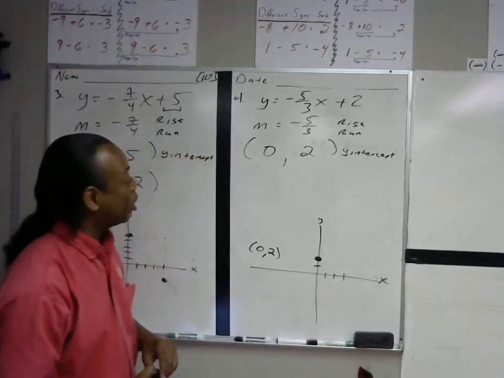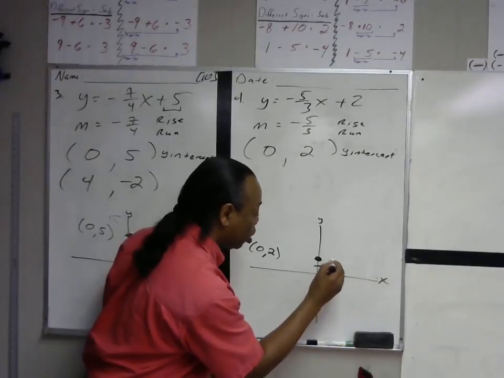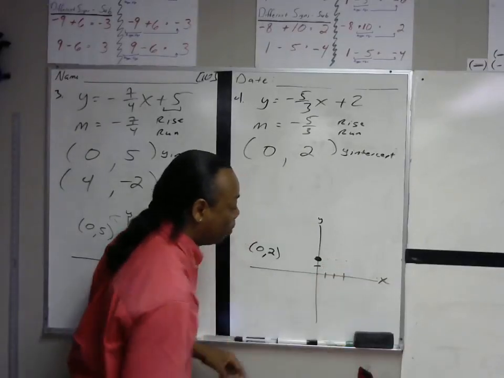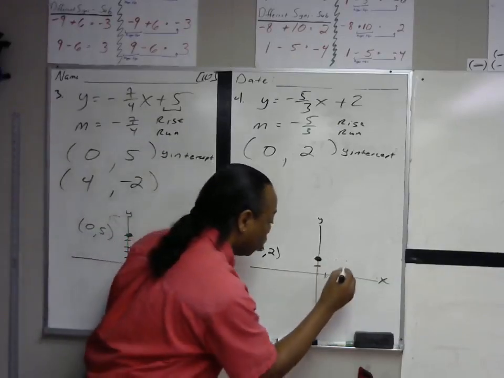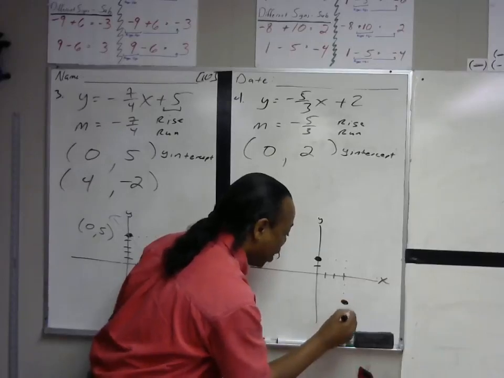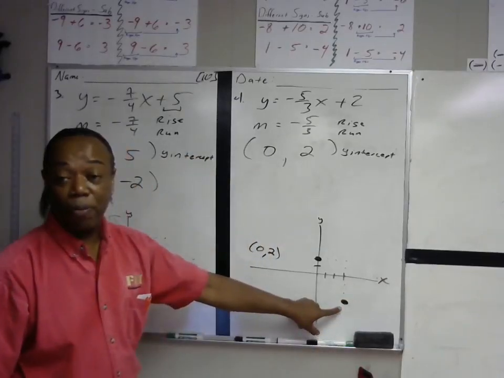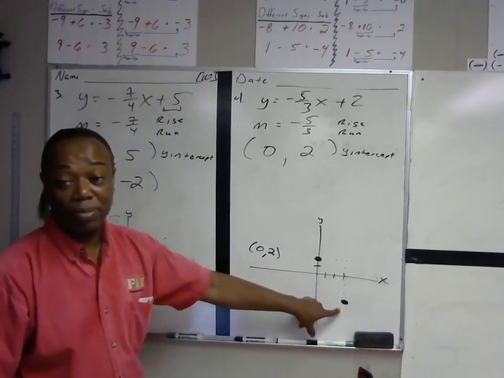When I go over 3 times, this is where I end up. 1, 2, 3. I end up right there. Then I'm going to go down 5 times. 1, 2, 3, 4, 5. And there's my point. Now, it's your job to figure out what that point is.